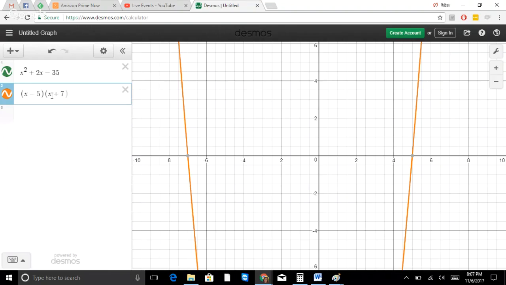So if you did your factoring right, then they should be directly on top of each other, which they are, right? The green and the orange are the same graph. So it doesn't matter which one you do. So now, if you recall, we said that our zeros are when x equals 5 and when x equals negative 7. So the graph actually supports the algebra that we did to figure out what the zeros of the equation are.